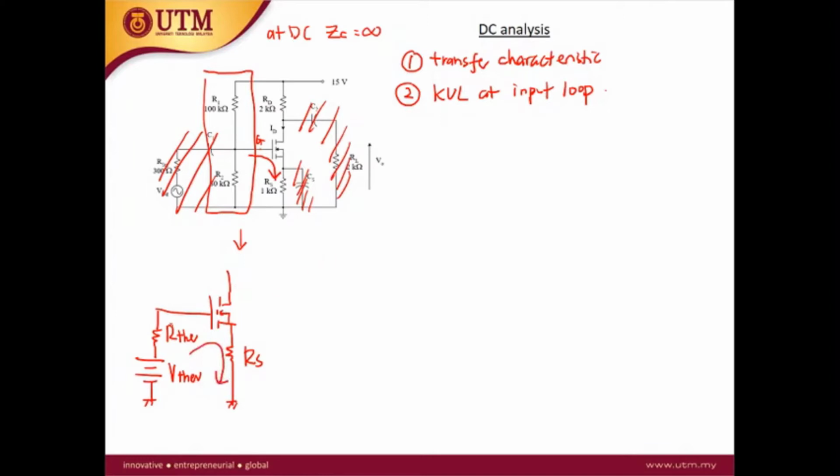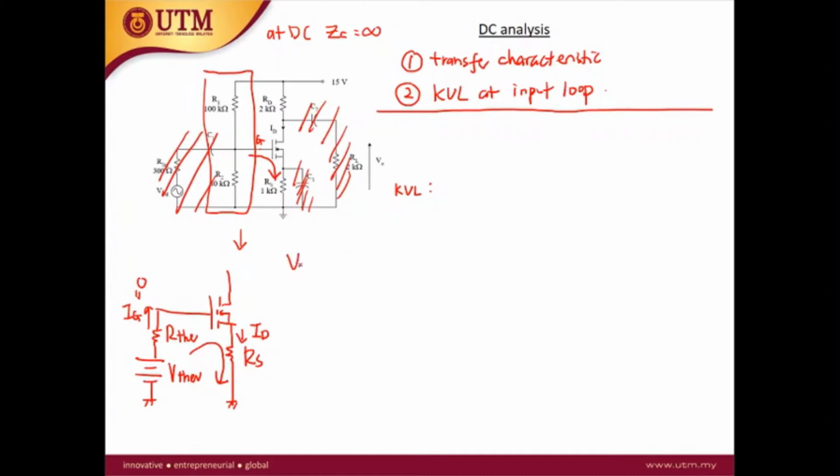The current at the R Thevenin is IG, and the gate current is equal to 0, and the current at the RS is ID. For the second equation, the KVL, before that, we need to calculate the V Thevenin and R Thevenin.